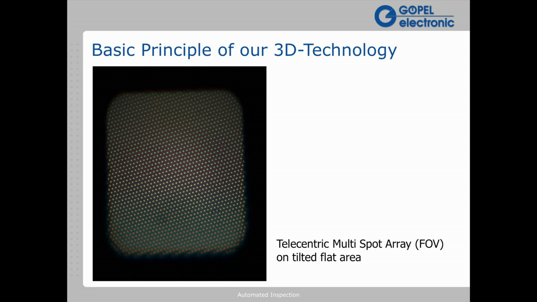That color shift is directly proportional to the change in the Z dimension that is produced by putting the piece of paper at an angle. So this is a really good illustration of how we produce a color shift throughout the Z dimension, and as a result are able to produce this very direct measurement of the height of the surfaces on the board.